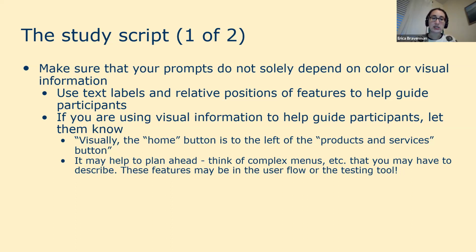So instead of saying, well, the home button is to the left of the products and services button, say visually, the home button is to the left of the products and services button. Sometimes that translates into screen reader as the home button is above the products and services button. It's really an up and down navigation. So that communication is essential.